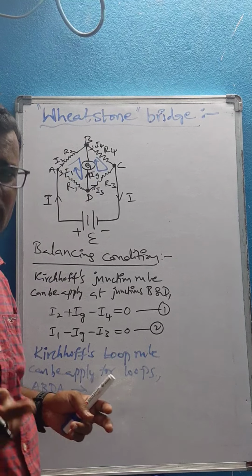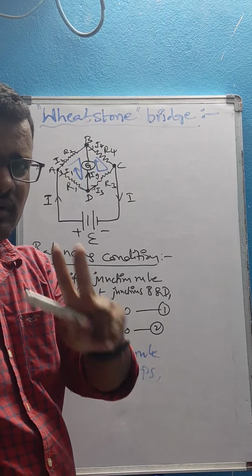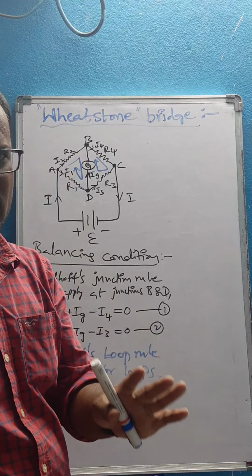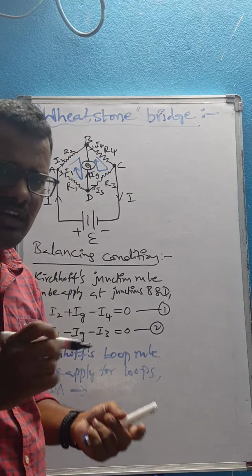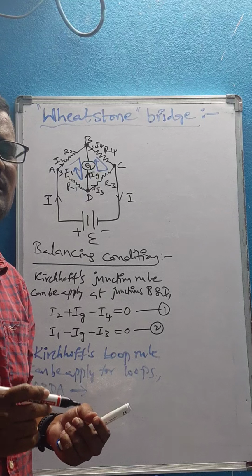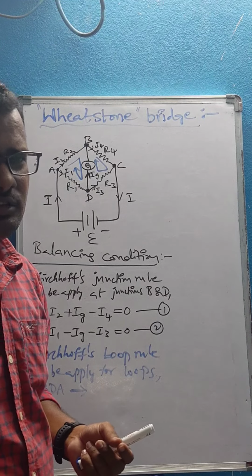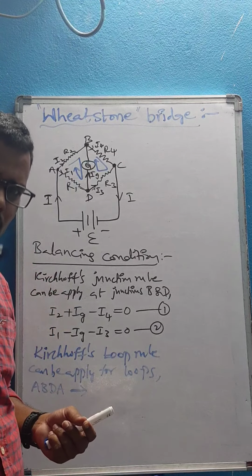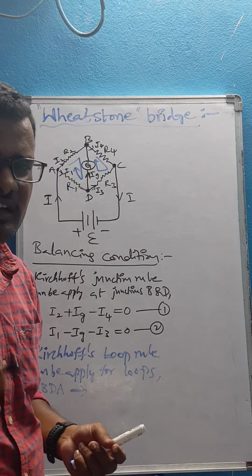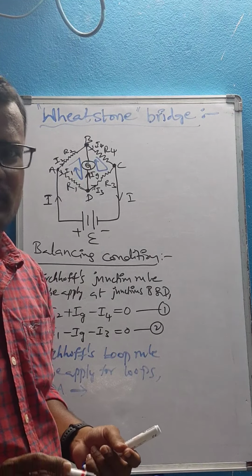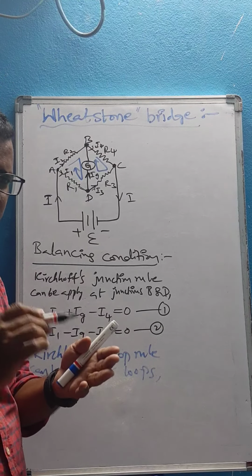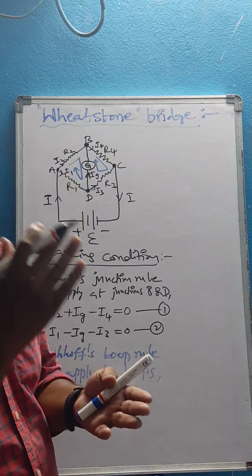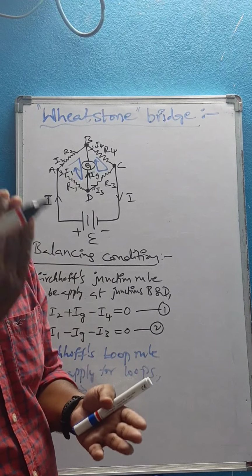I told you that you must remember two important sign convention conditions. If you go along the direction of the current, take a positive sign. If you go in the opposite direction of the current, take a negative sign. If you move from the positive terminal to the negative terminal of a battery, take a negative sign.